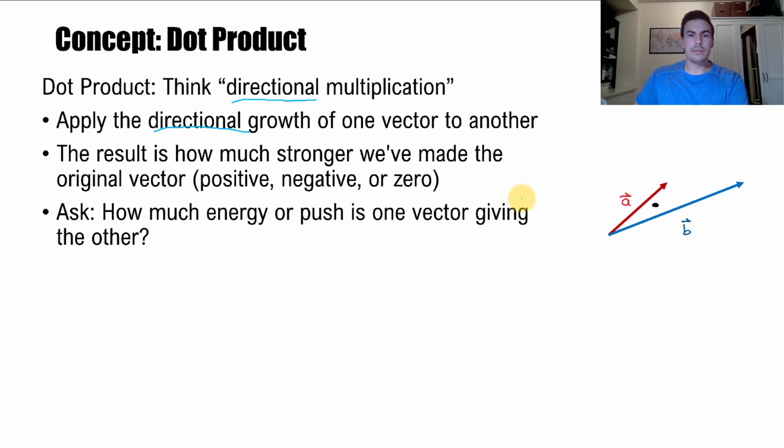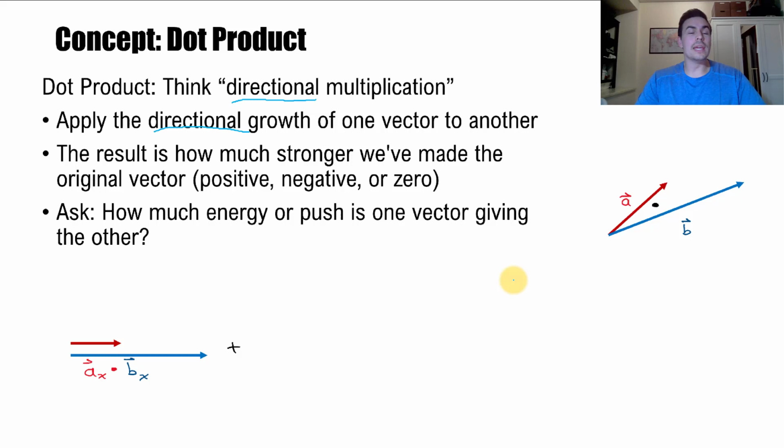So let's think about here, we've got our vectors a and b. Say I took the dot product of a and b, and we would refer to that as a dot b, and I'll go over that again at the end here. But let's think of this as the horizontal component of A affecting the horizontal component of B, and how is that affecting that component?